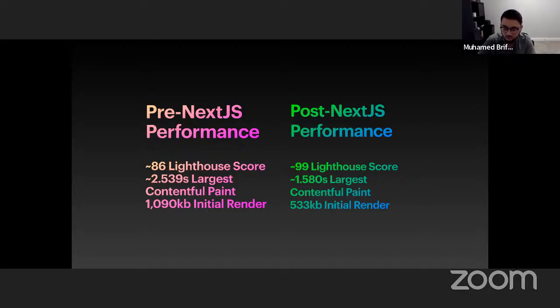And our initial render went down by half, because NextJS does a good job of splitting up all your JavaScript assets, chunking them out, I guess, is probably the better terminology, and only rendered what we needed for that specific route at that time.